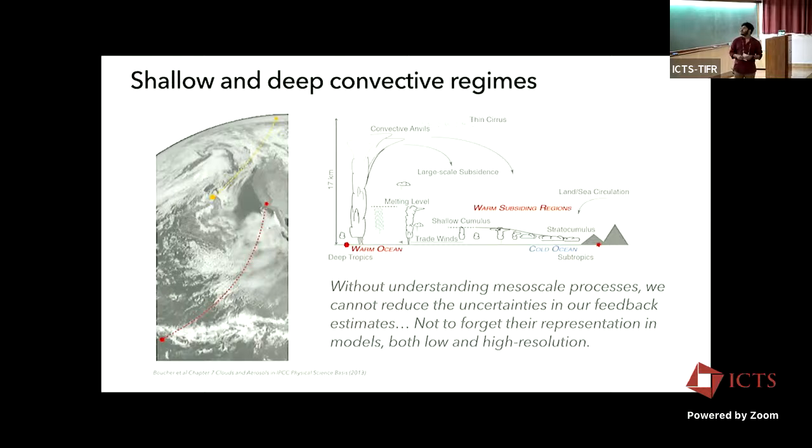And it's not just for that, it's also the way that we represent them in models, both coarse and high resolution models. So that's roughly how we can begin to appreciate why we need to incorporate the mesoscale processes within the large scale setting to get a better idea of both shallow and deep convection. Yeah, thanks.